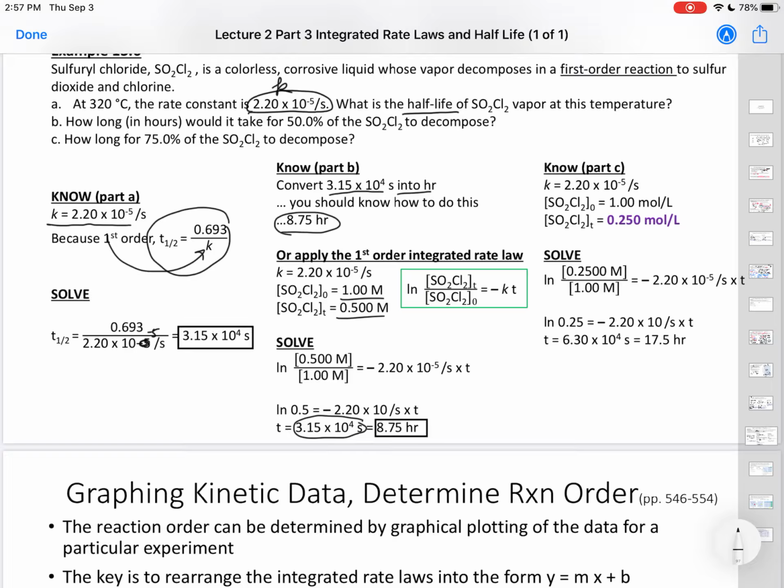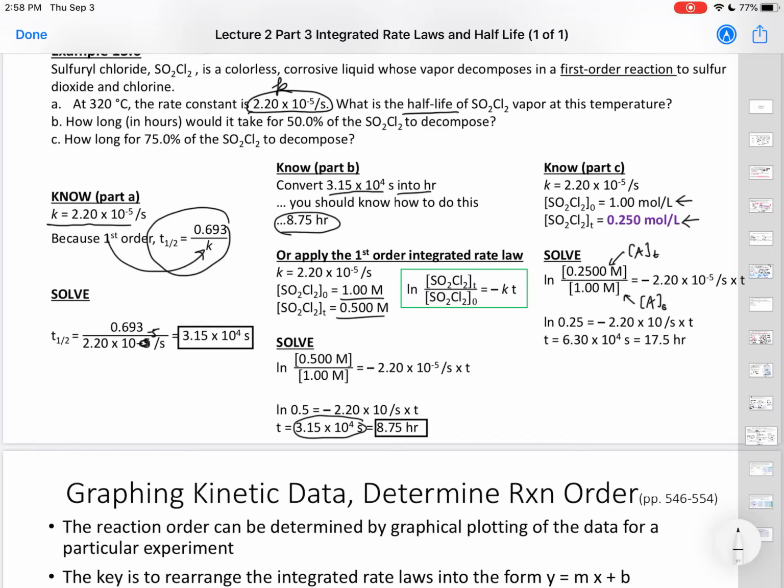Part C says how long for 75% of it to decompose. If you start off with 1 molar, 75% less is 0.250. Hopefully we can do that math really quickly in our head. And again, we're using our integrated first order rate law equation, and we're going to plug in our A of t and our concentration at 0.